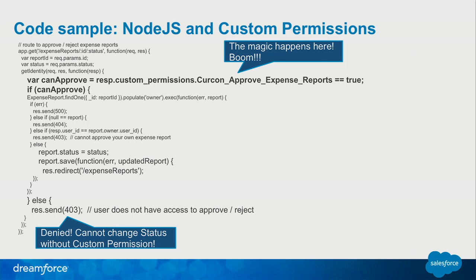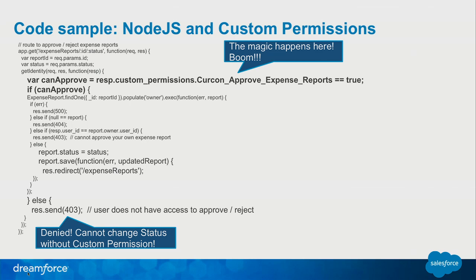Just import that as a dependency, and then it's included, and you can just use that directly. So the response that comes back now contains custom permissions, like we saw in the JSON response. I check the developer name. If that equals true, then I can approve, and I can come in here and update the value of the report status right here in the else block.